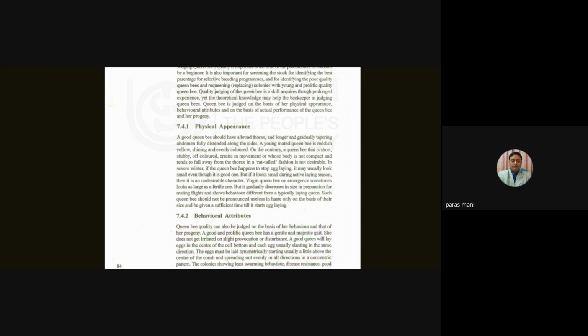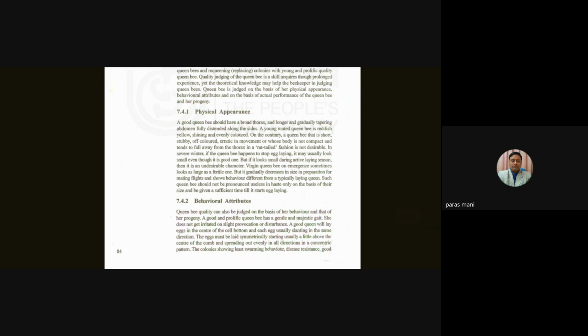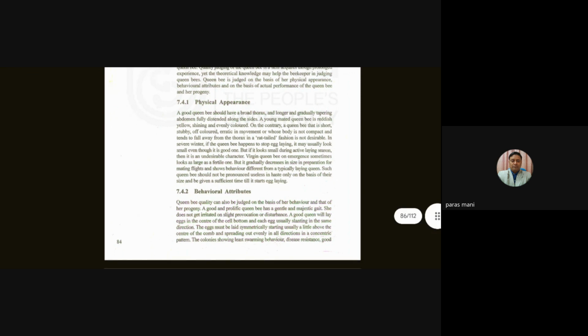On the contrary, a queen bee that is short, stubby, off-colored, erratic in movement, or whose whole body is not compact and tends to fall away from the thorax in a rat-tailed fashion is not desirable.